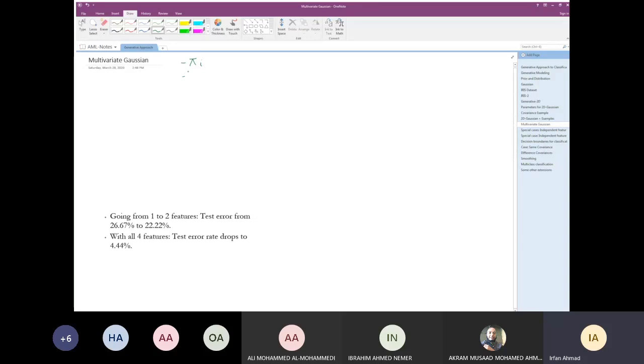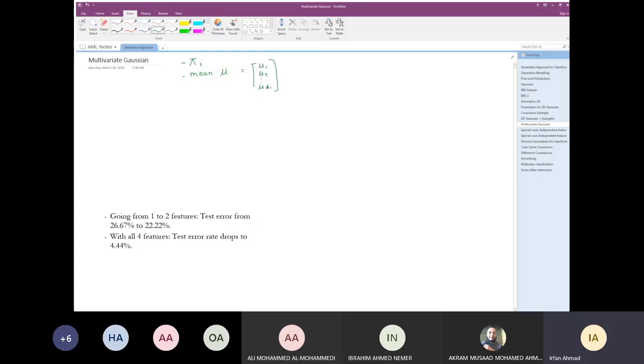But now your mean vector mu has components depending on the number of features you have. So you'll have mu1, mu2, up to mu d, assuming you have d dimensions, so the feature x has d components, right?